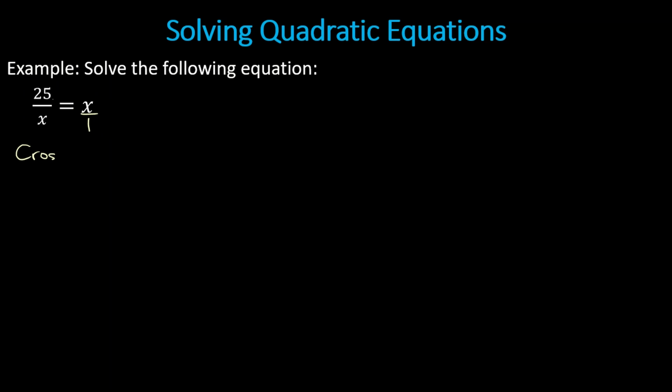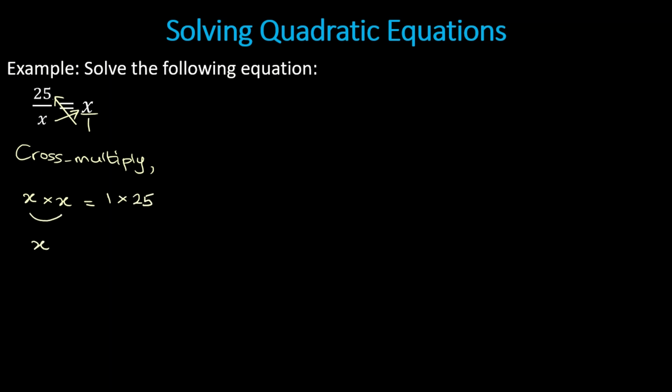So let us perform the cross multiplication. We are going to cross multiply. We start with this x, so x times x equals 1 times 25, right?